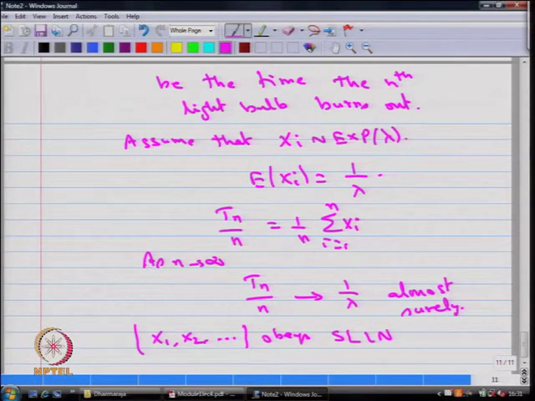This can be used in any problem the same way I have done it here. I have not discussed any problem on the central limit theorem, but that will be used many times. Therefore, I have not given any problems for the central limit theorem.